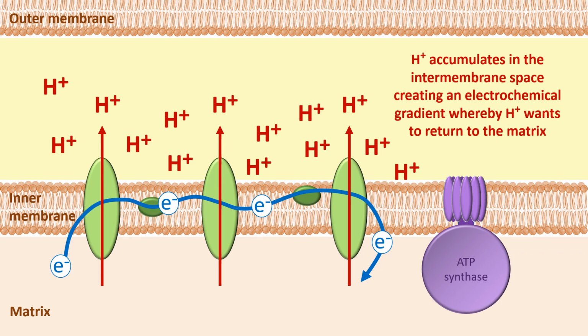And that gradient is both electrical, because of the charge, and chemical, because we've now got more hydrogen inside that intermembrane space than we do in the matrix. So it wants to return to the matrix.